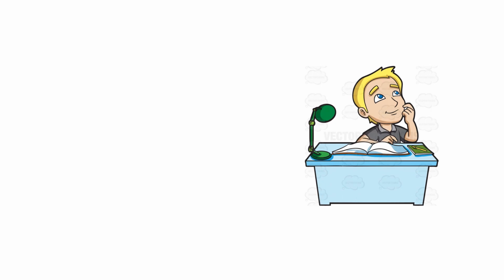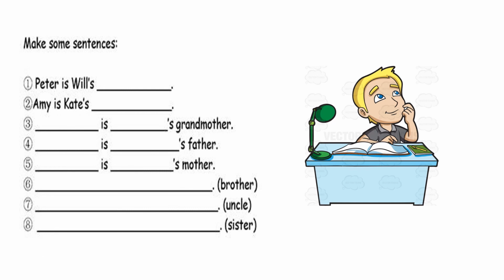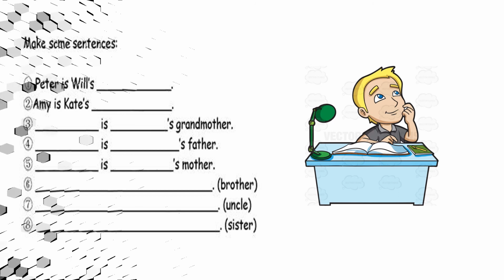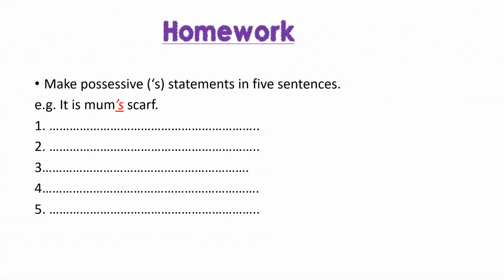What are you thinking about? This is to make some sentences. Look at the picture and complete this sentence. I don't do this for you, but you have to do it on your own at home. It's our homework. Make possessive statements in 5 sentences.